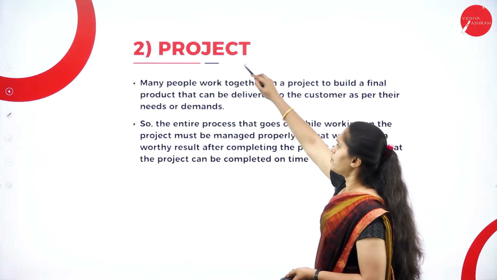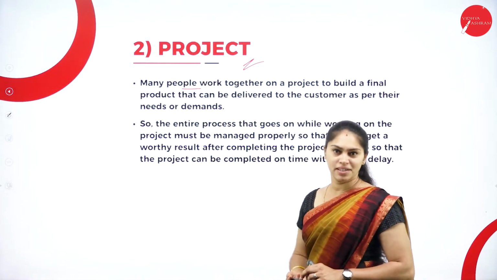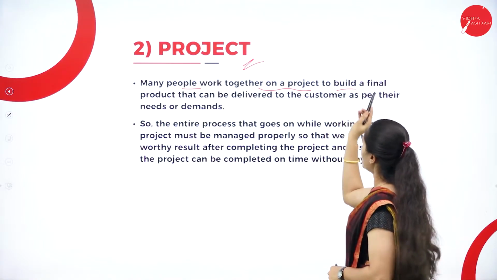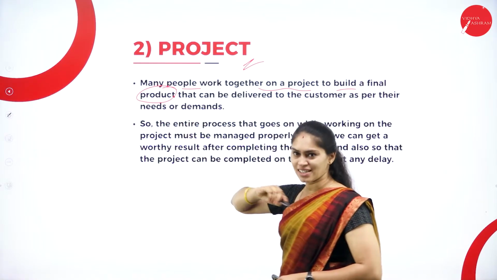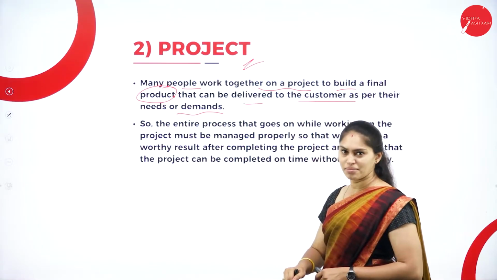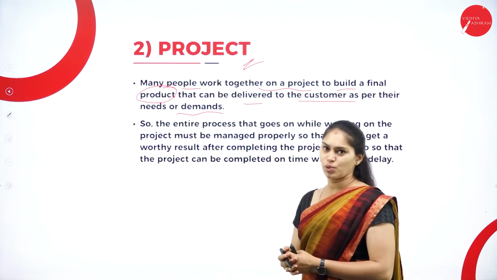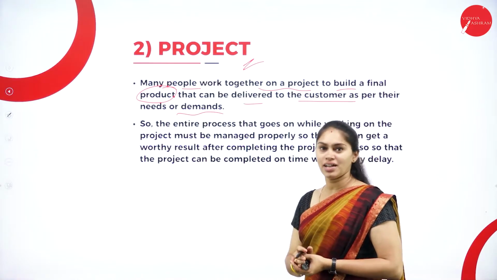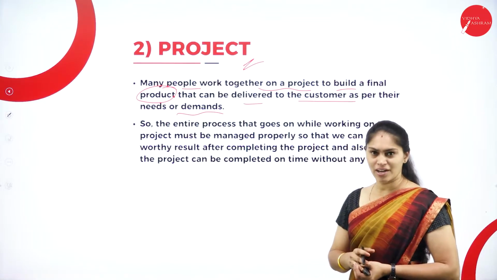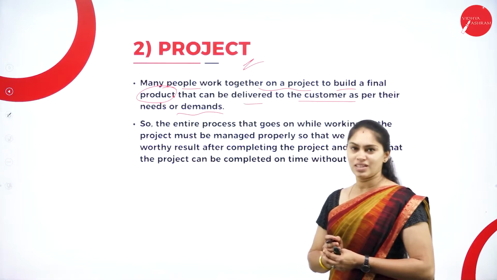Next we have the project. We have already come across the number of people who work on a particular project. If they work together on a project, they can build a final product as a result, which can be delivered to the customer as per their needs or demands. If the interaction between the people involved in the development of the software is well maintained, then the project or product can be finalized and reach the customer within the given time.